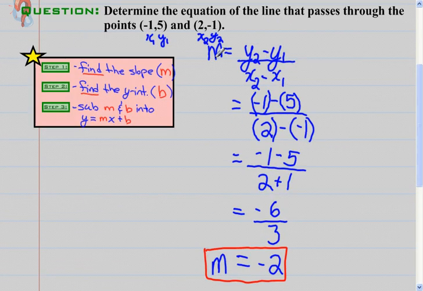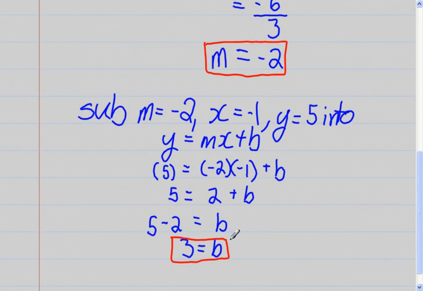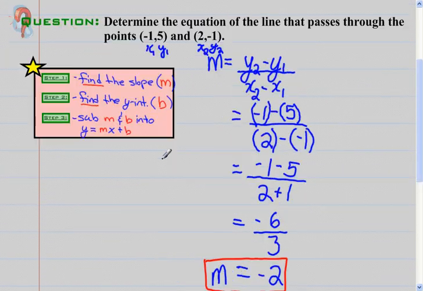So step 1 is find the slope. I did that. It's -2. Step 2 is find the y-intercept, b, which I did, is 3. The last step is to sub them into the slope-y-intercept form, y equals mx plus b.